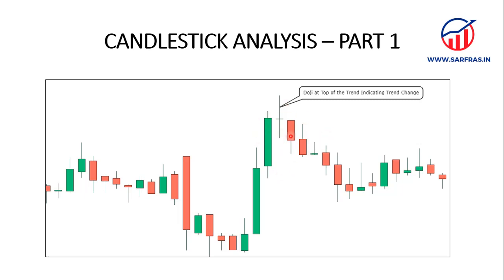Just in this case also, you can see after a big bull run, the price reversal has happened and there's a huge drop over here. So this is how a doji and a spinning top could be indecisive, or they could be a signal of trend reversal.